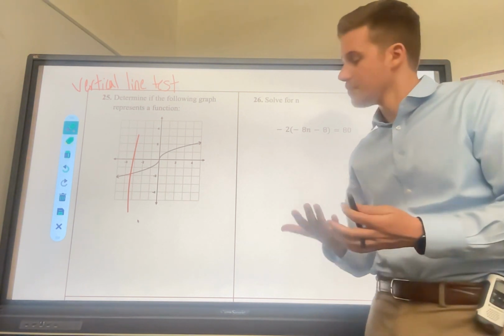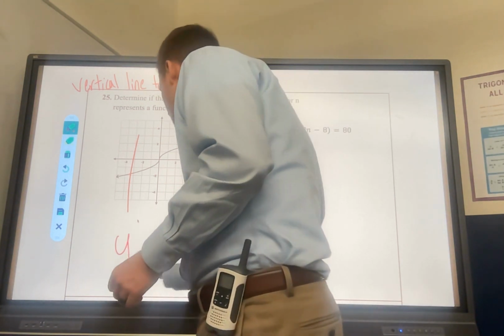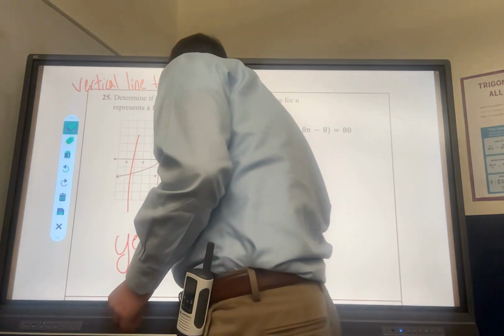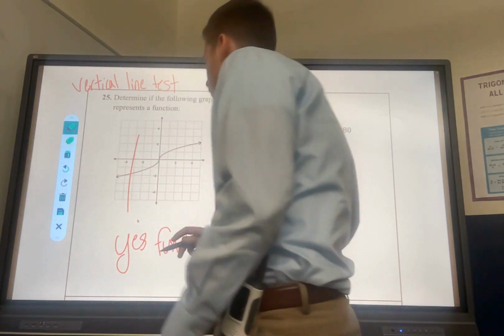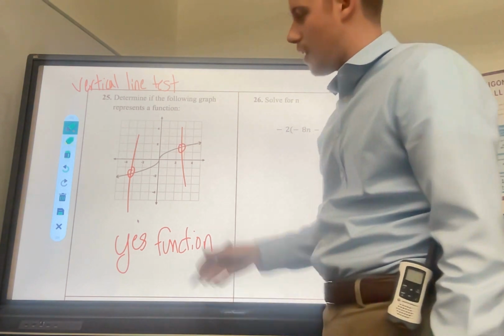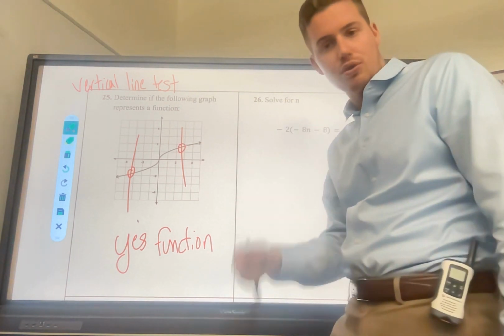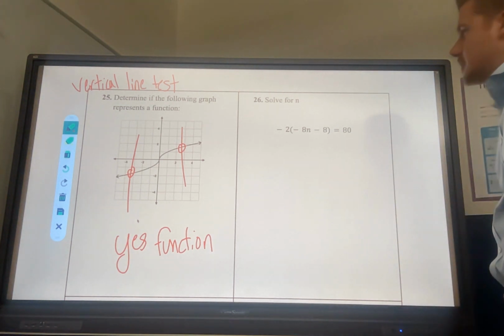It's not a function. And so in the case of this graph, this is a function. So I'm going to say yes, function. And our reasoning is because it passes the vertical line test. I can draw a vertical line, and at any point it only goes through one point. That's question 25.